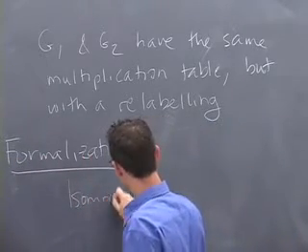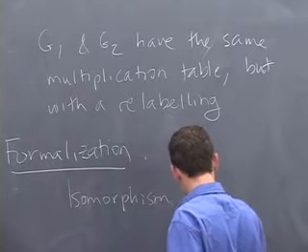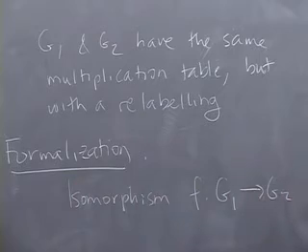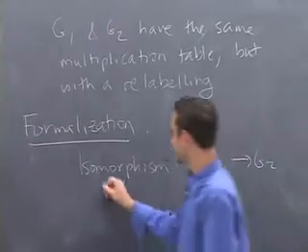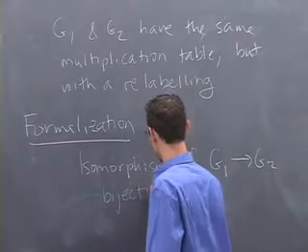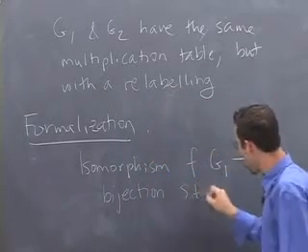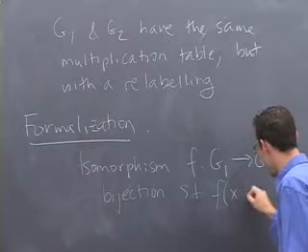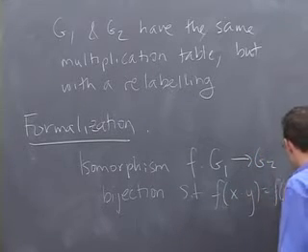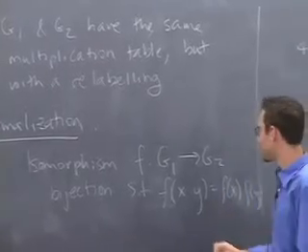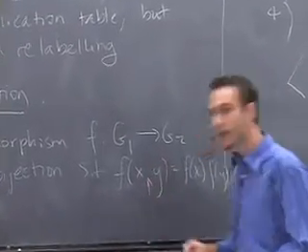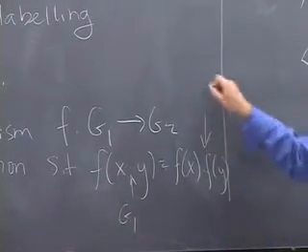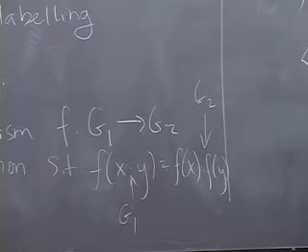An isomorphism is a map between two groups which is bijective, and such that it preserves the multiplication operation. So f of x times y is f of x times f of y, where, of course, over here this is the multiplication in G1, and this is the multiplication in G2.